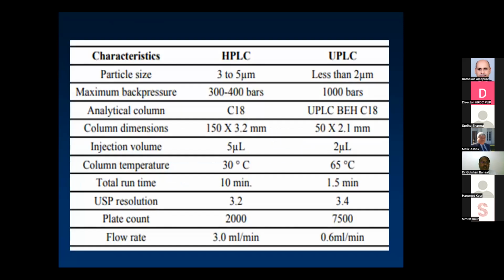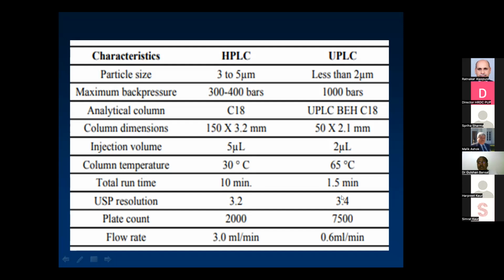See here, the flow rate which is used for HPLC is 3 ml per minute, and here it is 0.6 ml per minute. So if we are running it for 10 minutes at a 3 ml flow rate, we are consuming 30 ml of solvent, and here we have 1.5 minute runtime, 0.6 ml per minute flow rate. So we are using just 0.9 ml of solvent. From 30 to 0.9 means 30 to almost 1.